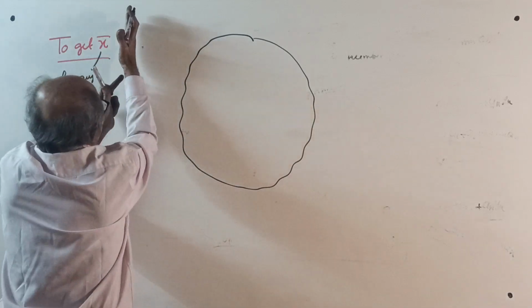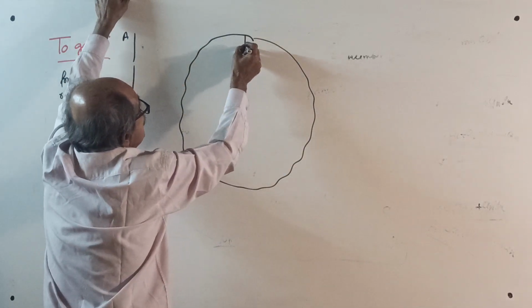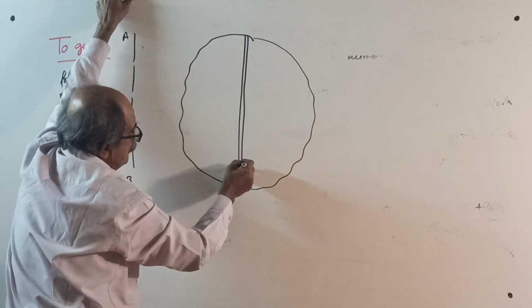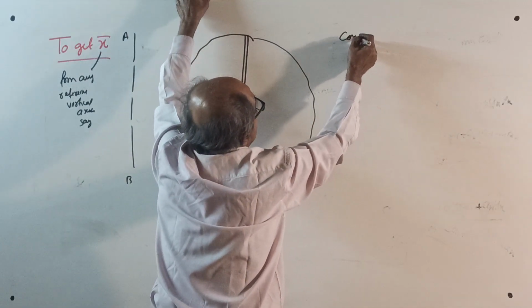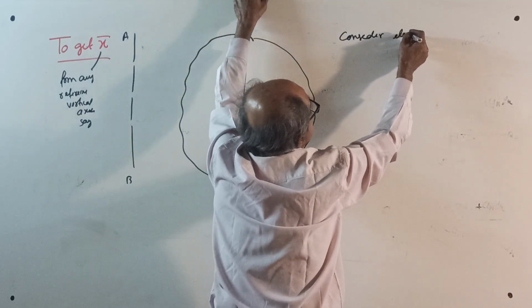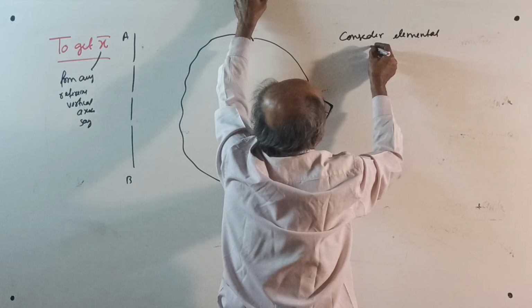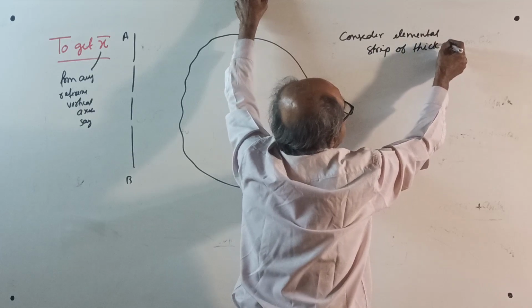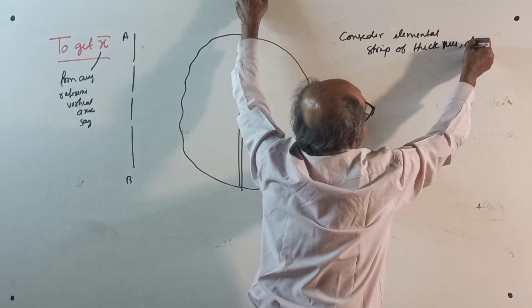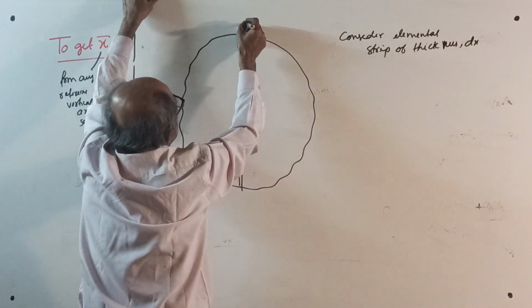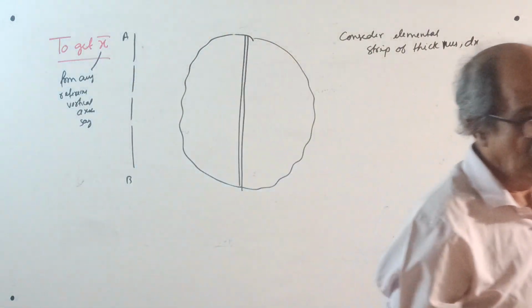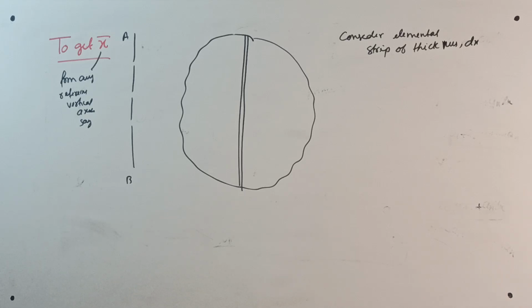If you want x bar here, you take a small strip. Consider an elemental strip of thickness dx. dx means very, very small.